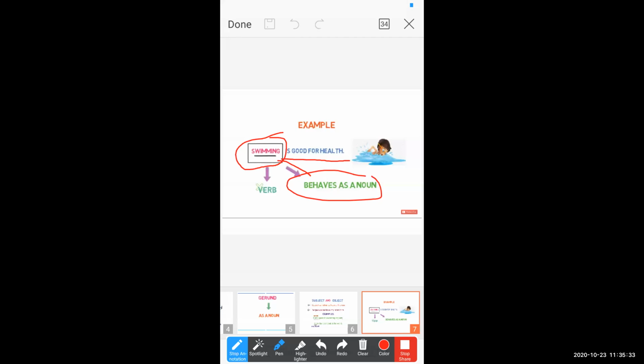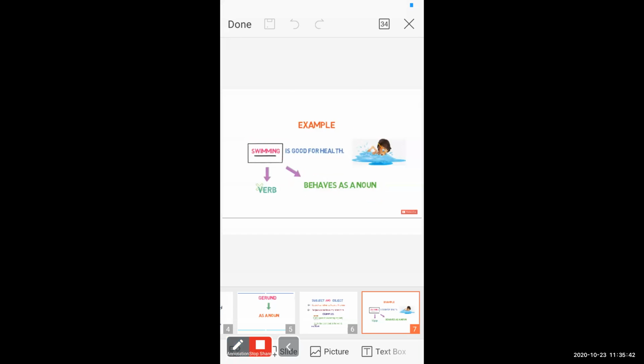That's the reason the word swimming comes under the gerund. In a gerund you can always find the verb first form adding ing, and the verb acts as a noun.